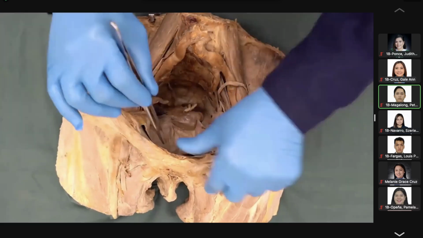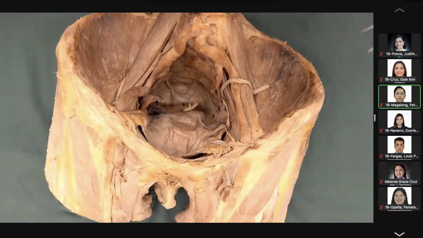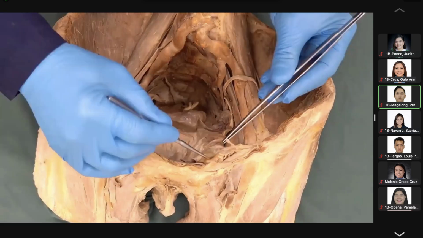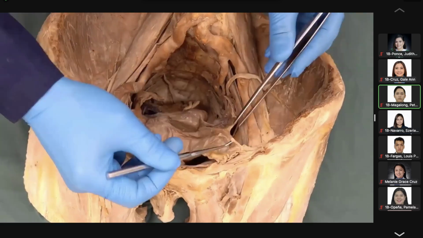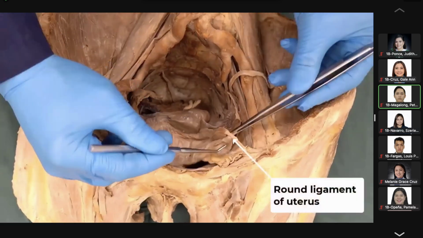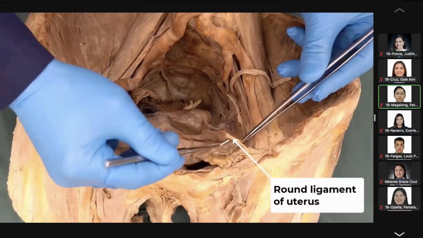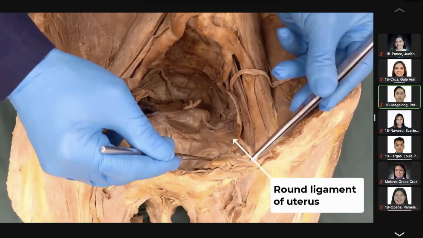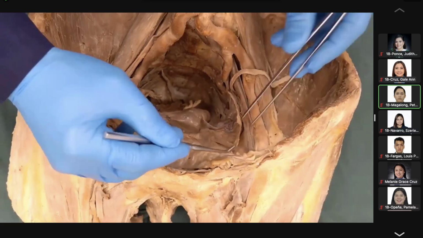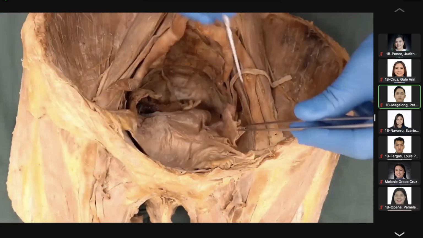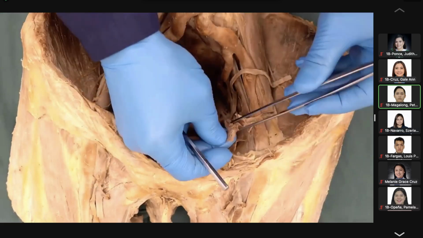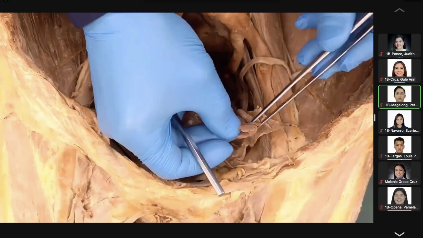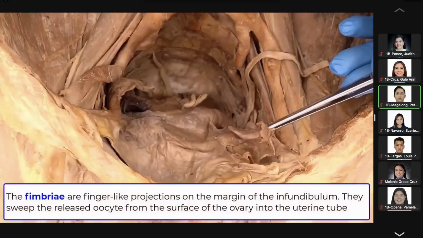Before I go with the blood vessels, a couple of interesting structures here that I really want you to see. Here is one, the round ligament of uterus that has been removed from the two layers of broad ligament and nicely oriented here. Also, as you recall, I promised to show you a better view of the fimbria.